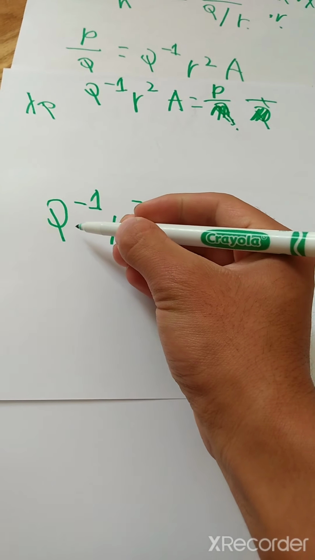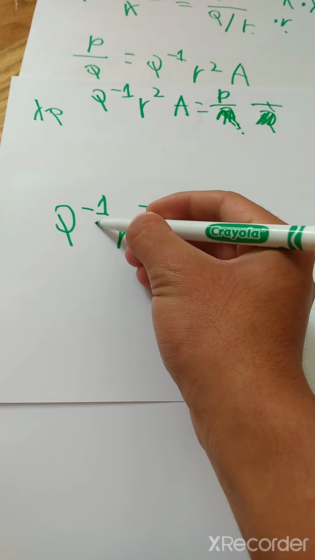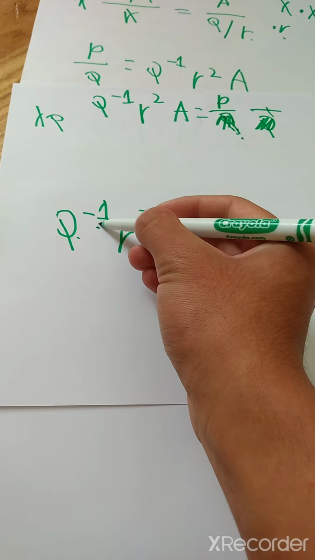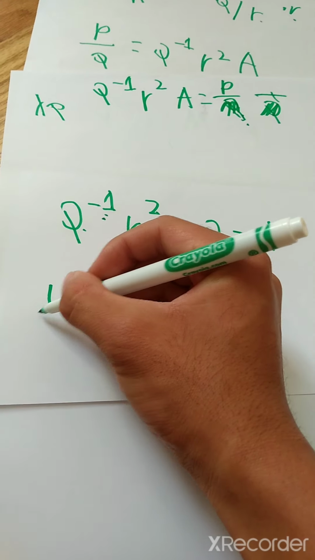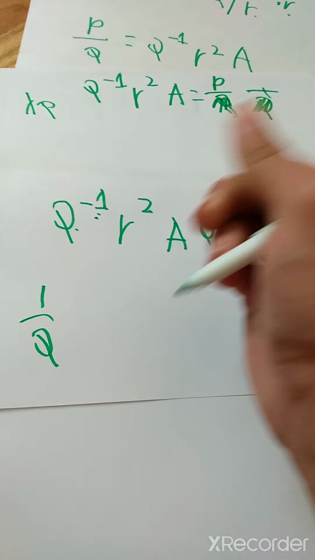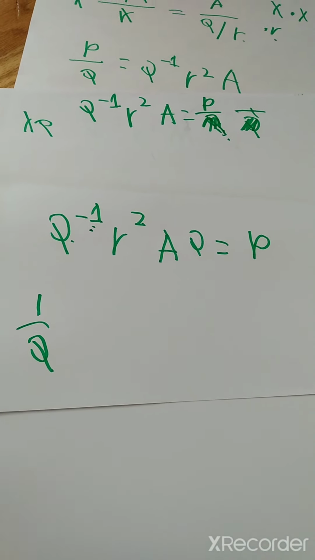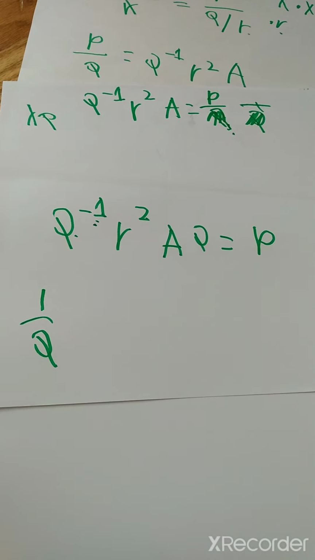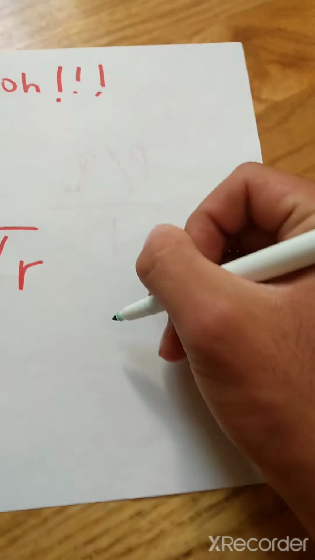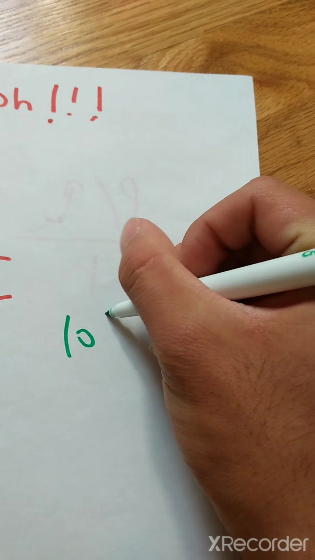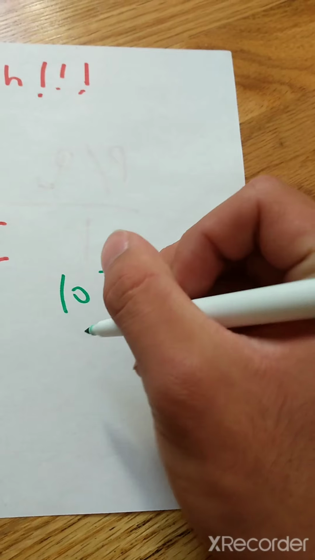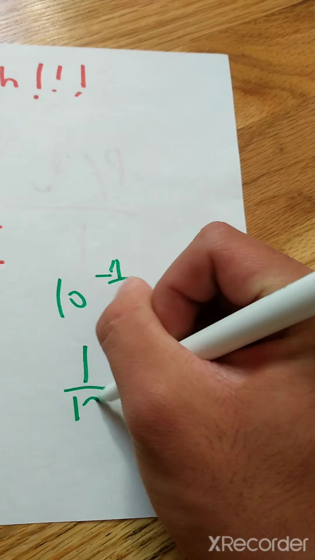The next thing we could do is to simplify even further. Q to the -1 power is going to be 1 over q. You might have thought it was going to be a negative q, because when you have 10 to the -1, you get an answer of 1 over 10.